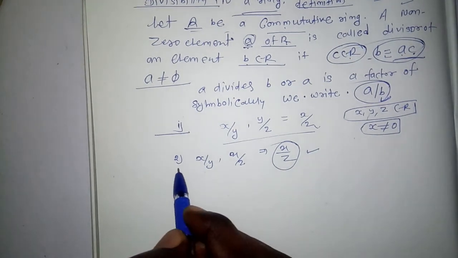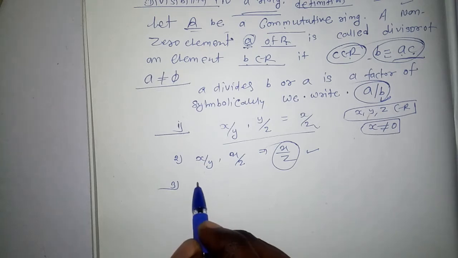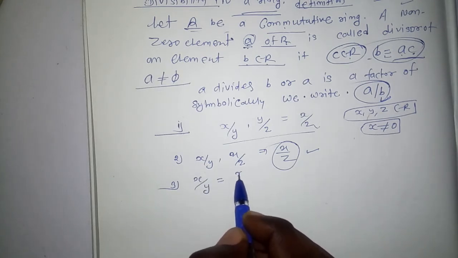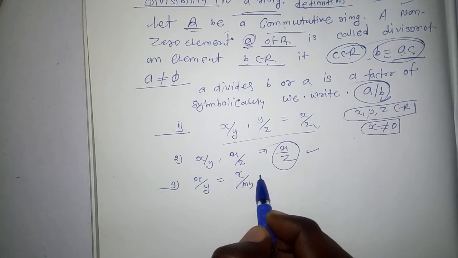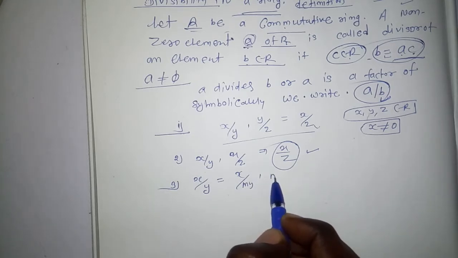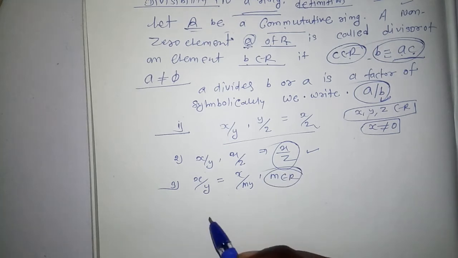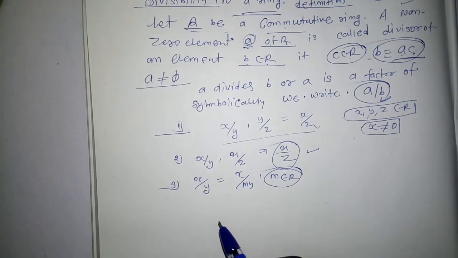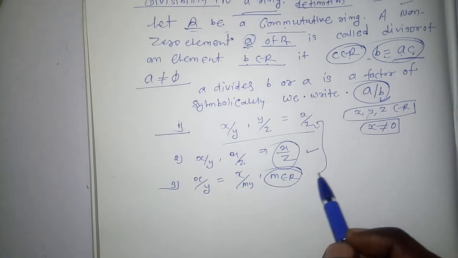And the third one is: x divides y implies x divides m times y, because m belongs to R. These are the three properties.